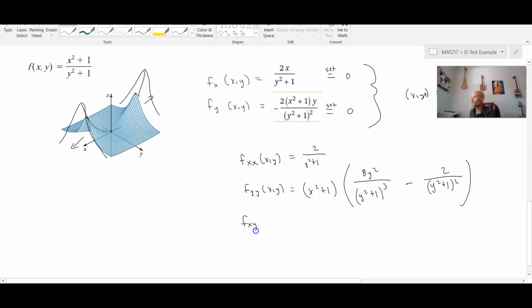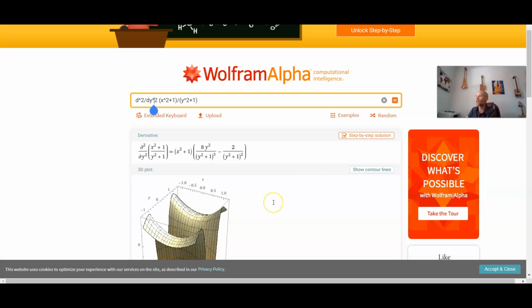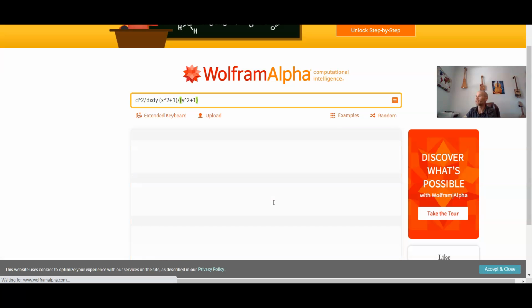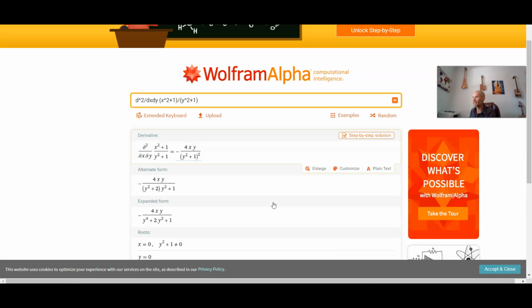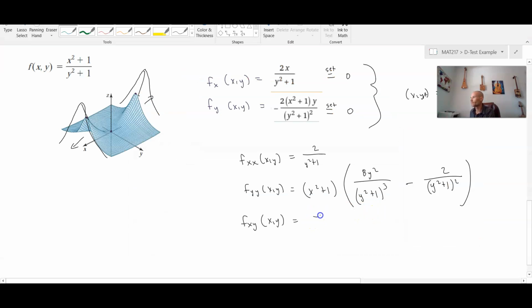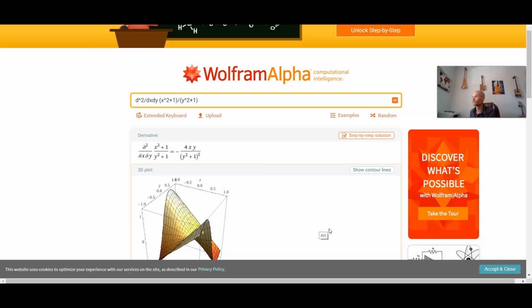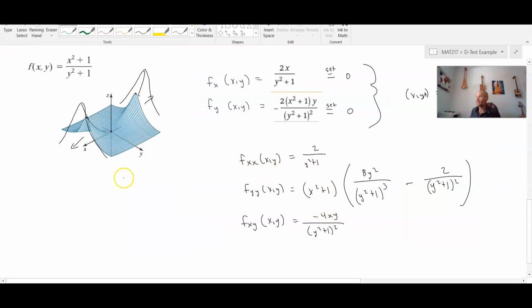Now we'll compute the mixed partial derivative, and we'll do that in the same way. We'll just change this down here to dx dy. And we obtain negative 4xy over y squared plus 1 squared. Okay, now we're ready to run the d-test.